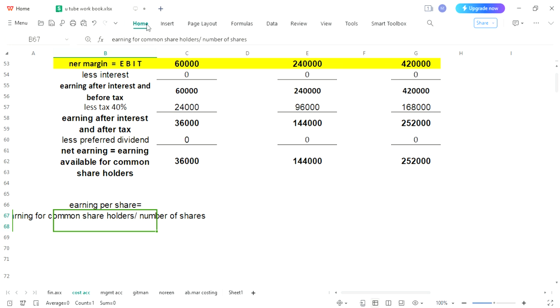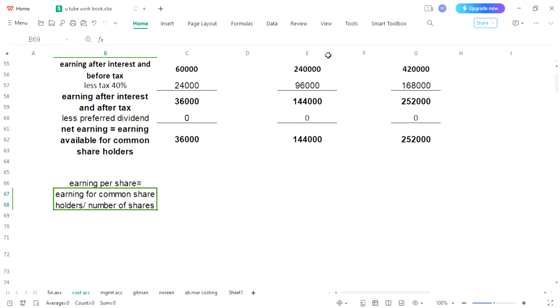Again, this button of wrapping up is not working, and I have to use it. So please note this formula. Earning per share is needed. For that, earning for common shareholders is already available, 36,000, and we need to calculate number of shares.